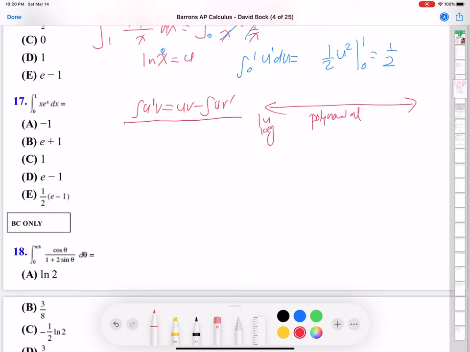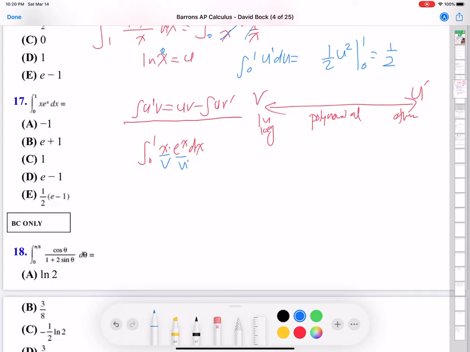And then the very right side is others. So the very left side means v, and the right side function is u prime. In this case, integral 0 to 1, x times e to the x dx. x is a polynomial, e to the x is others. So x is v part, e to the x is u prime part.